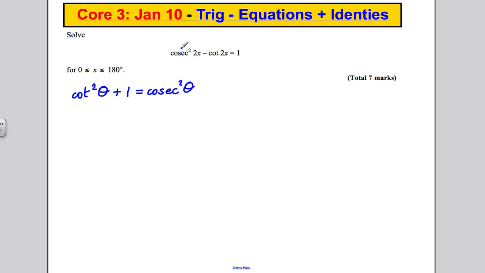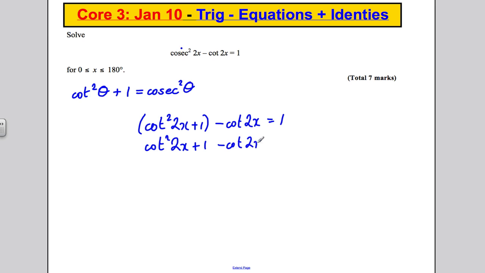So we can replace cosec squared 2x by cot squared 2x plus 1 minus cot of 2x is equal to 1. And then subtract 1 from both sides, so cot squared of 2x subtract cot of 2x is equal to 0. That 1 and that negative 1 cancel.